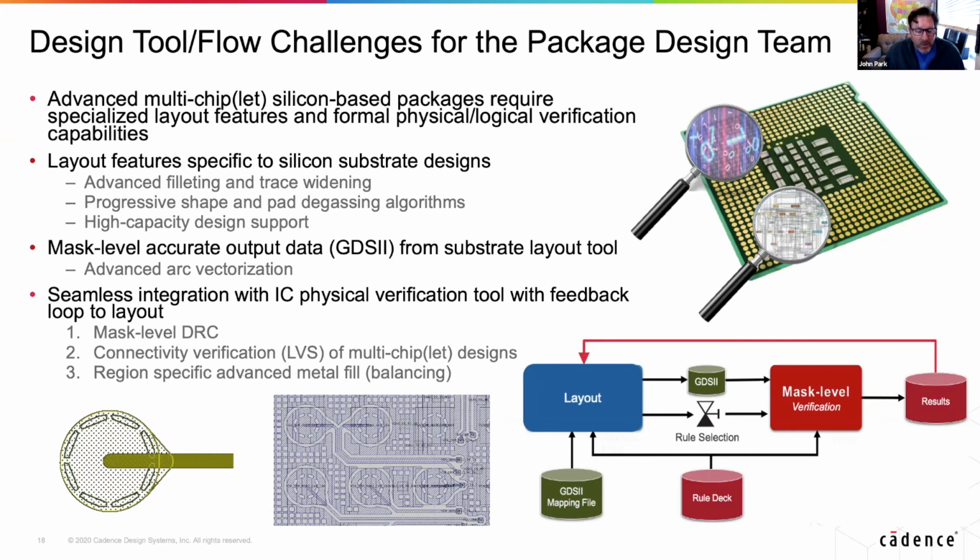And the most important part is that manufacturing output is going to an IC foundry. So there are requirements for checking, making sure it's DRC clean, making sure it's connectivity clean. There's a lot more sophistication with metal fill, metal balancing, outgassing, all those types of things as you move to a silicon process.